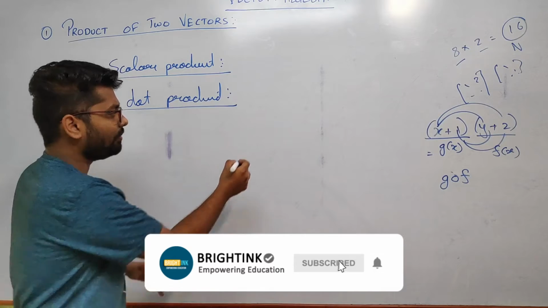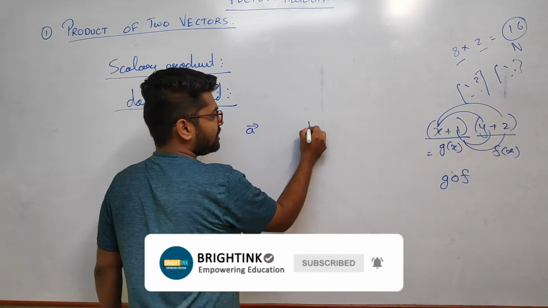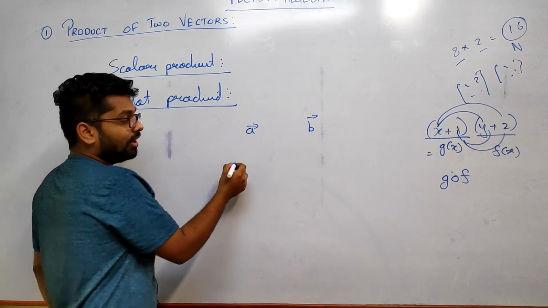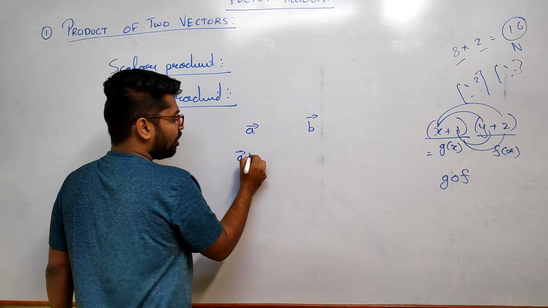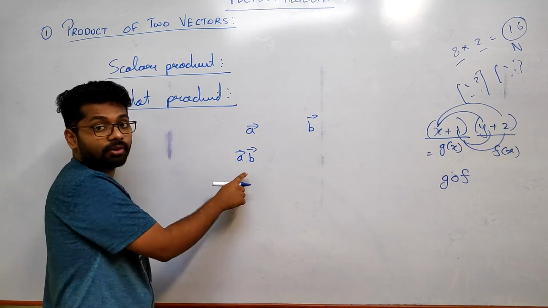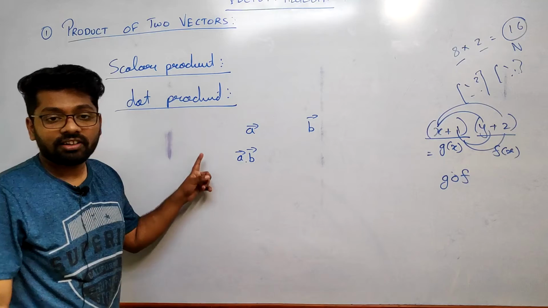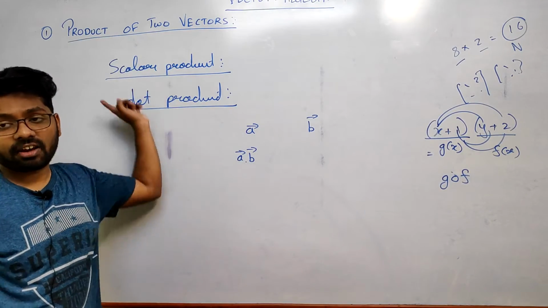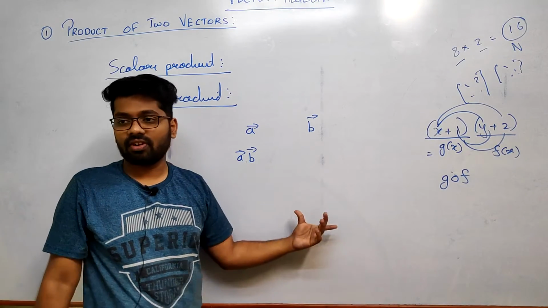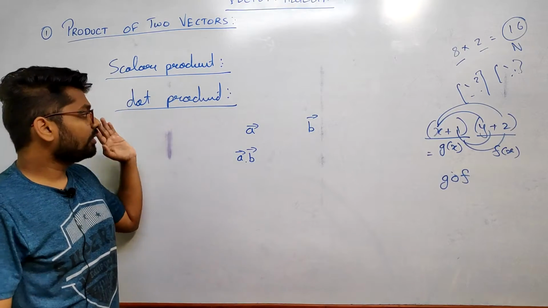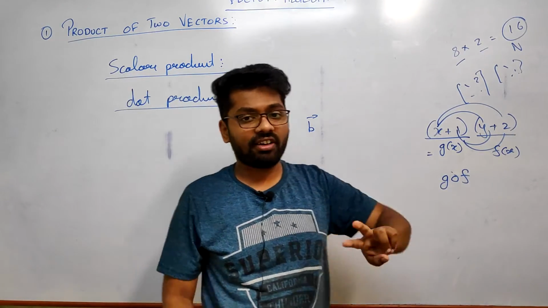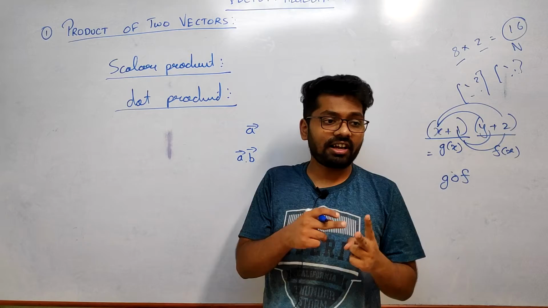Dot product means if you have two vectors a bar and b bar, you write it as a bar dot b bar, you have to write the dot. If you write a bar dot b bar, this symbolizes scalar product, and whatever the definition formula is, I'll be giving it. So this is the basic introduction. In vectors you can find the product in two ways.